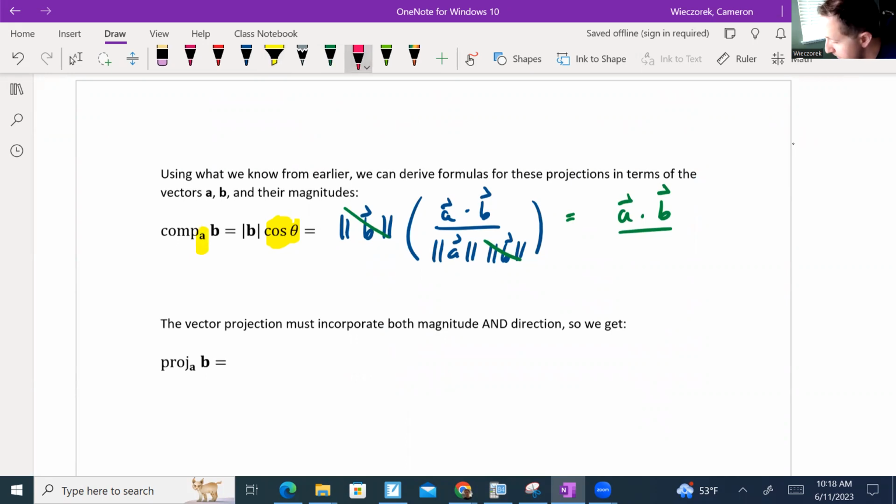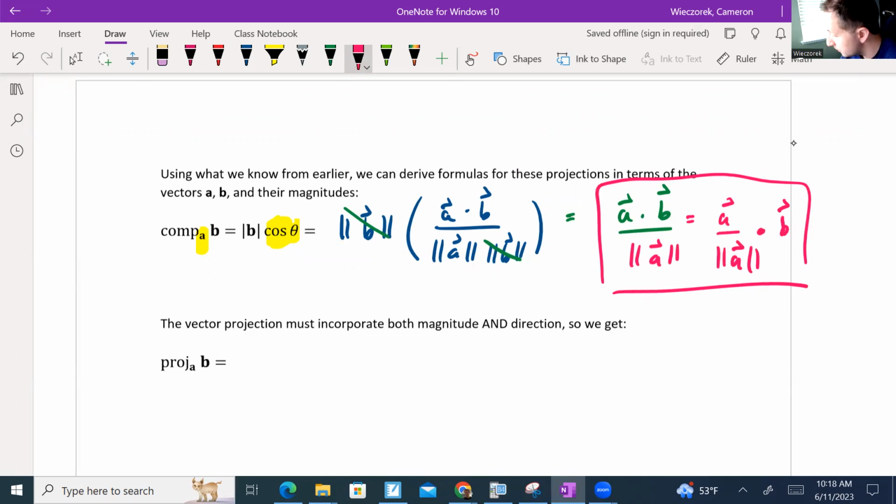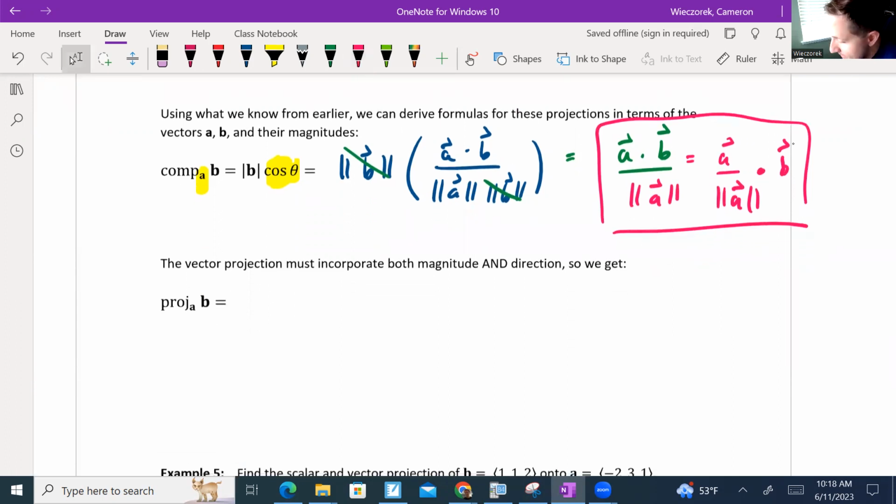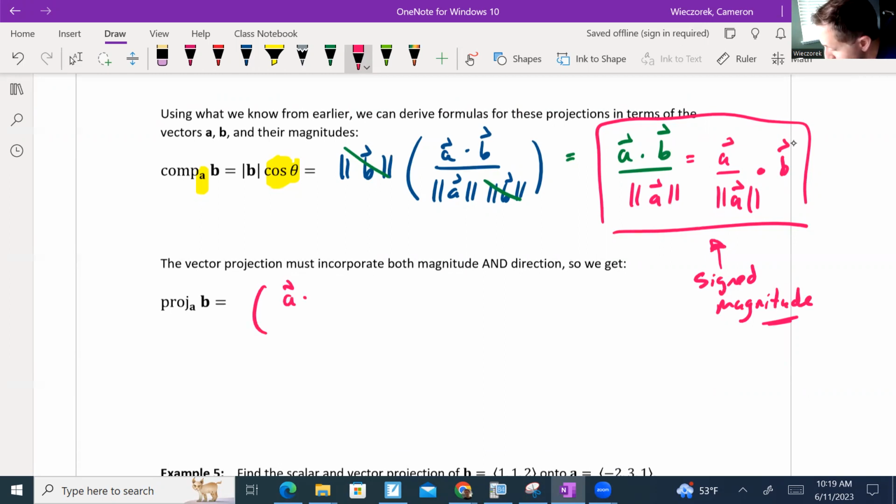So I'm not dividing by the magnitude of B, I'm dividing by the magnitude of A. Another way of writing this is the dot product of the unit vector in the direction of A and the vector B. However you want to remember it. The vector projection has to have this size; remember, this is the signed magnitude of the vector projection. So I already know the size of the projection is going to have to be that component of B along A.